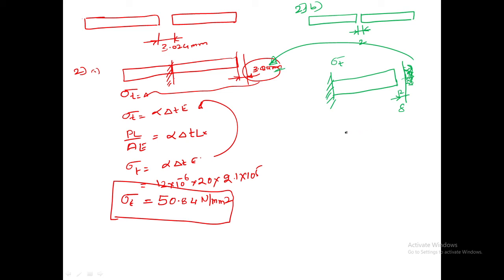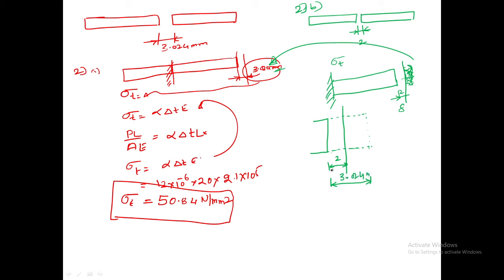Let us draw a clearer diagram here. Because of expansion, it has to expand 3.024 mm.